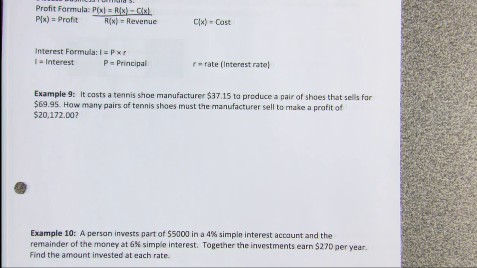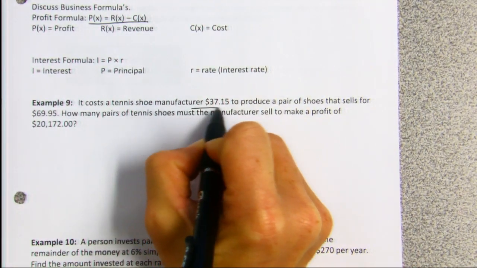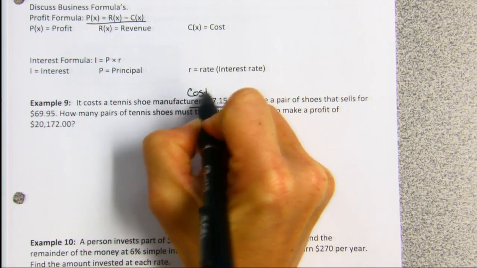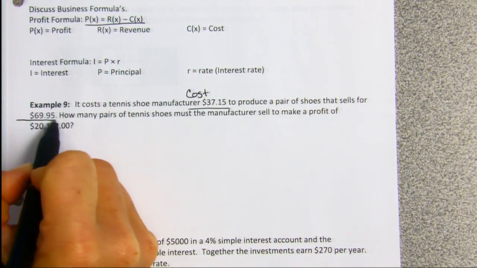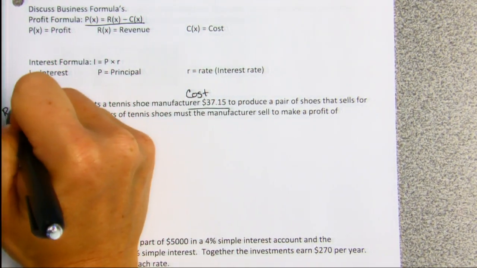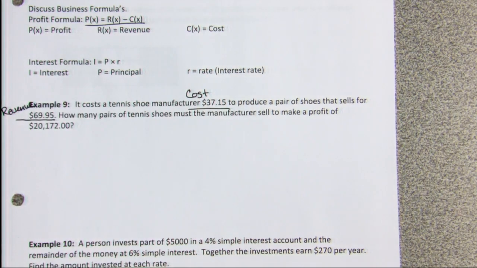manufacturer $37.15 to produce a pair of shoes that sells for, I'm writing $69.95. So if something sells for it, you would call that the revenue. So I know in some ways, verbiage, when you're a buyer, you're like, how much does that cost?